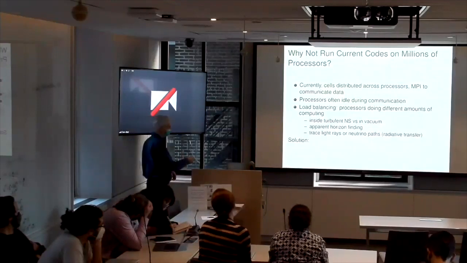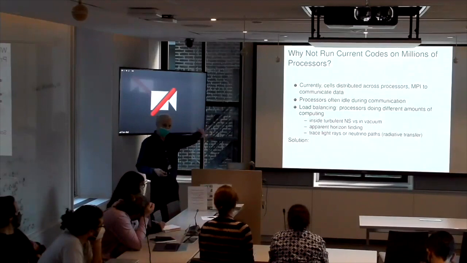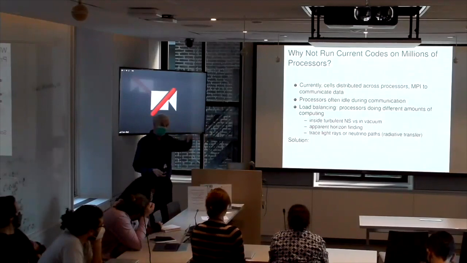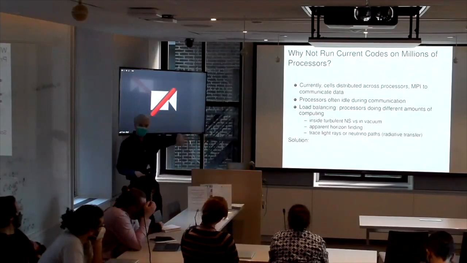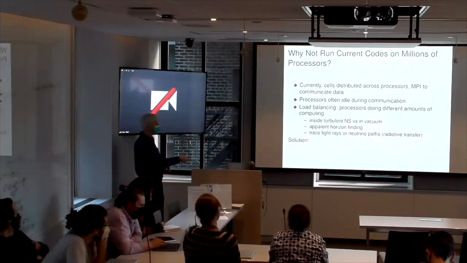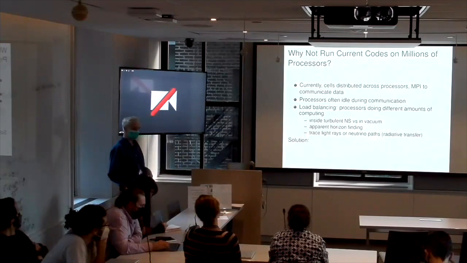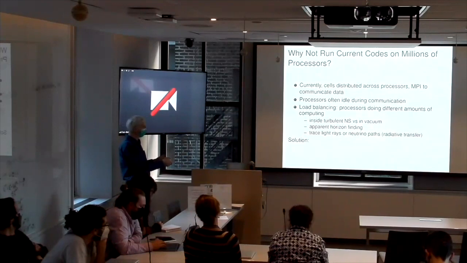You might have to find the location of the surface of the black hole, because you need to excise the singularity from your domain. So you're finding the apparent horizon. You might be tracing light rays to do radiative transfer, or maybe neutrino pairs. So all of these different kinds of physics are going on.